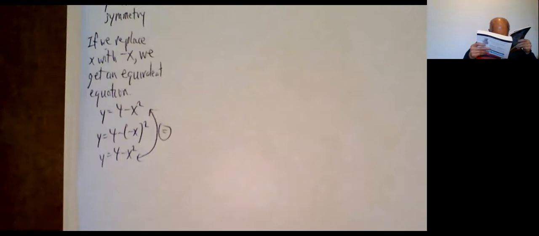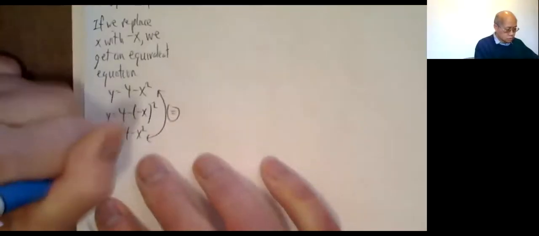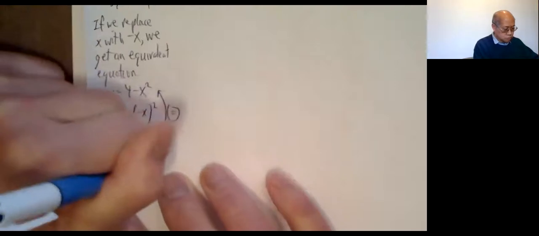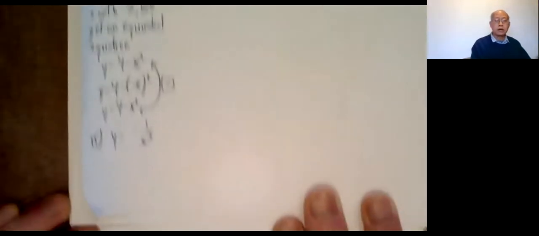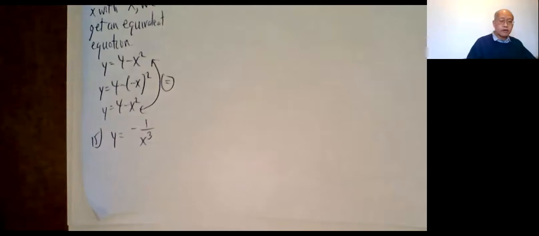Okay, I'm going to show you 15. Y equals negative 1 over x cubed.